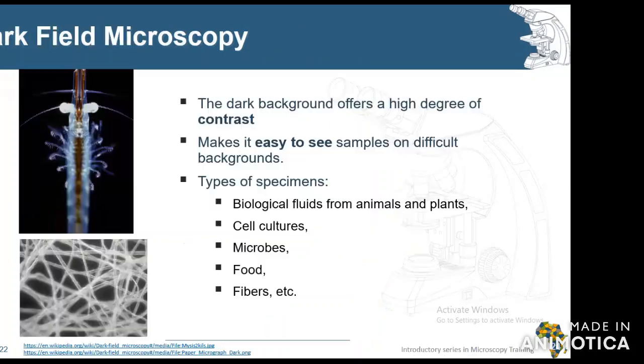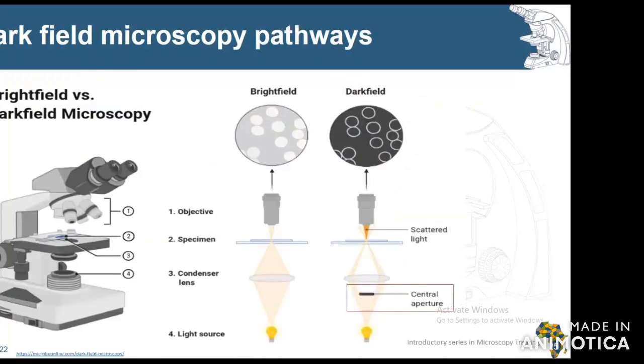In the dark field, what is used to block out other light apart from the ones coming from the edges or the scattered ones is what is known as the patch stops.